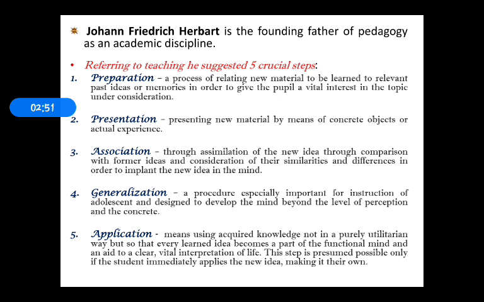You are trying to associate the new with what you already have, and you try to find out the similarities and dissimilarities, and thereby form a new idea, a different idea. So that is the association way of dealing with the learner.